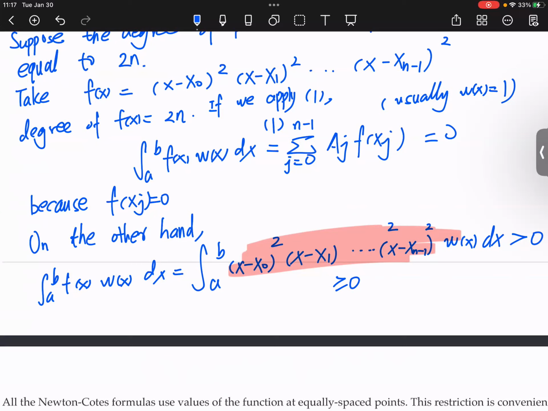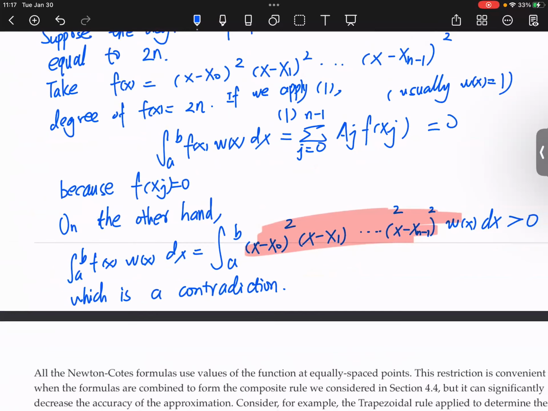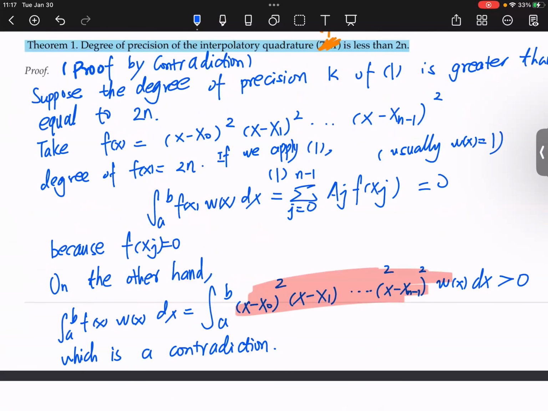And what does it mean? It means that we have a contradiction, and this could not be true. So which is the contradiction? Why do we have such a contradiction? That's because we made an assumption at the very beginning. We assumed that the degree of precision of the rule can be greater than or equal to 2n, and here we set the function to degree 2n, and the quadrature rule does not work.